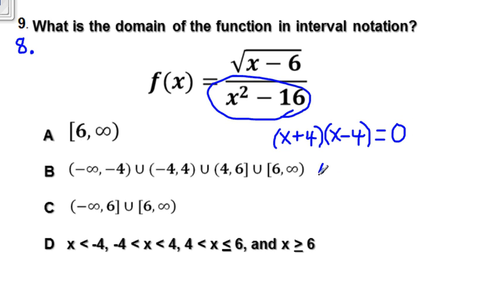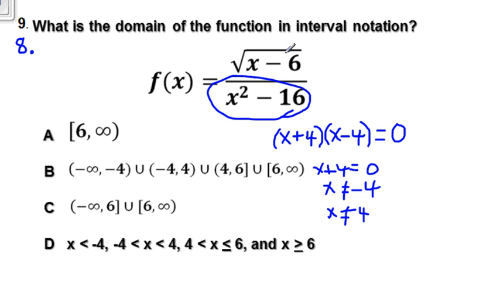So if we set x plus 4 equals 0, we clearly could solve that. So x equals -4, which means again that it cannot equal -4. And likewise for this one up here, x minus 4, we're going to see that x also cannot equal 4. So I put that does not equal 4. So there we have two discontinuities based on the denominator alone.